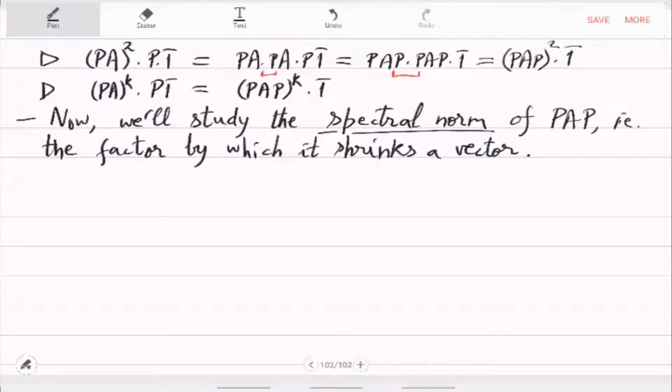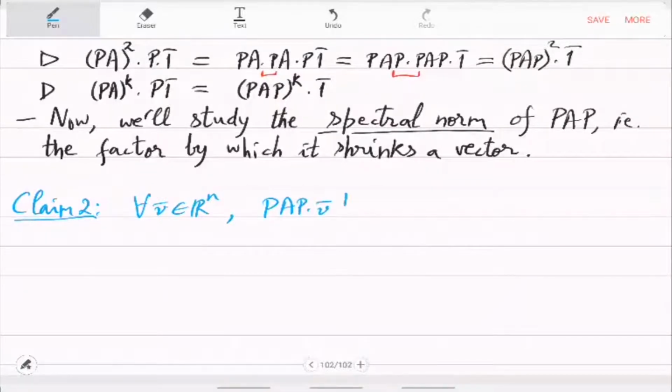What we will show next is claim 2: for every vector V bar, the length of PAP V bar is less than beta plus lambda times the length of V. So this matrix PAP shrinks every vector to something below beta plus lambda.